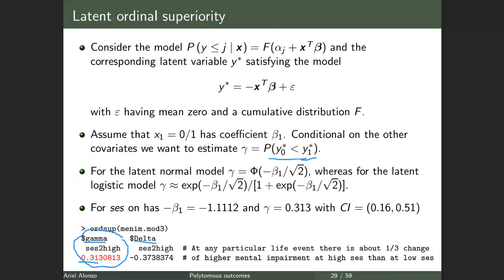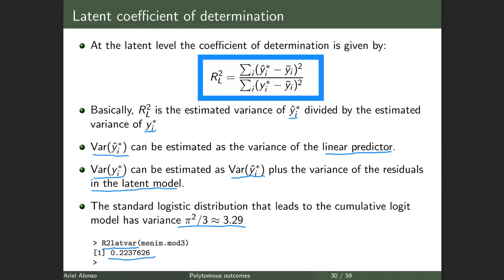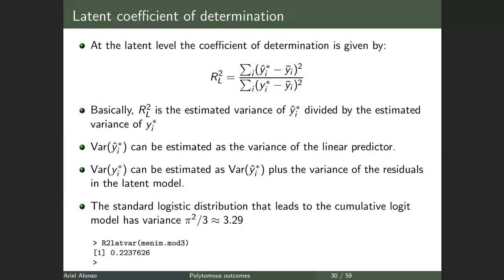You can interpret it in a nice way, but it is a parameter at a level you never observe. And remember that this latent level may not even exist, but it's nice sometimes for interpretational purposes. But keep in mind that all this is at a latent level. It's at the level you do not observe. So this R squared, this coefficient of determination that we're getting here, is not for the ordinal model.